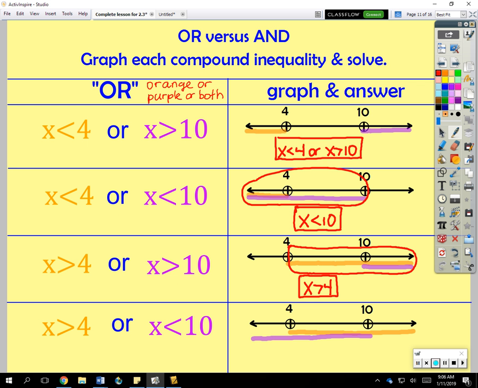Now, on the last one, notice if I move across the number line from left to right, I see purple, then I see purple and orange, and then I see orange. So the entire number line is covered. Well, if I'm covering everything on the number line, then all real numbers, or the entire number line, is my answer.